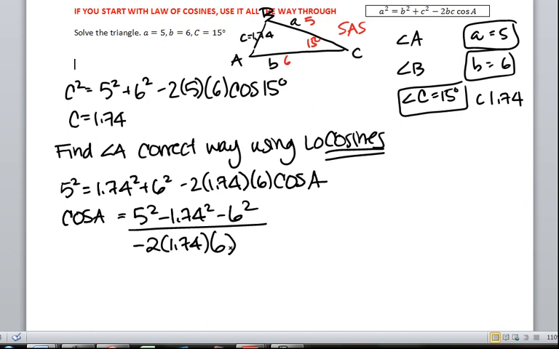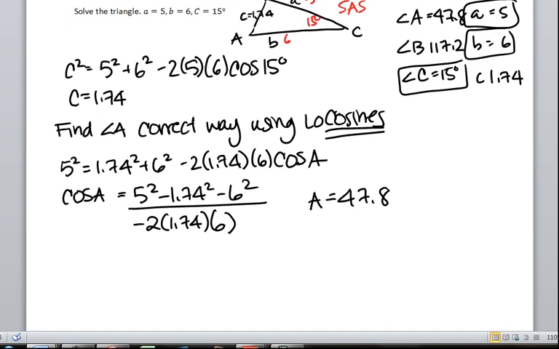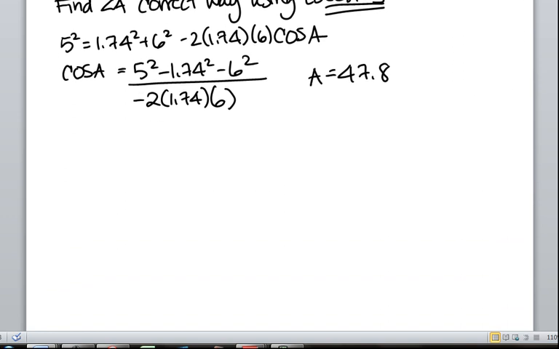When I punch that into my calculator and inverse cosine it, I get that A is 47.8, 7, 9, or 8. So this is pretty close to 48, right? And then from there I can solve for B, which is 117.2.